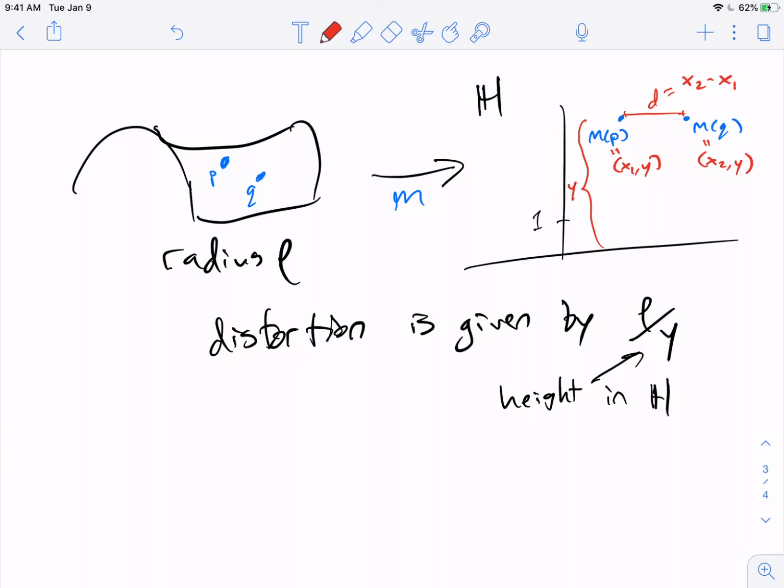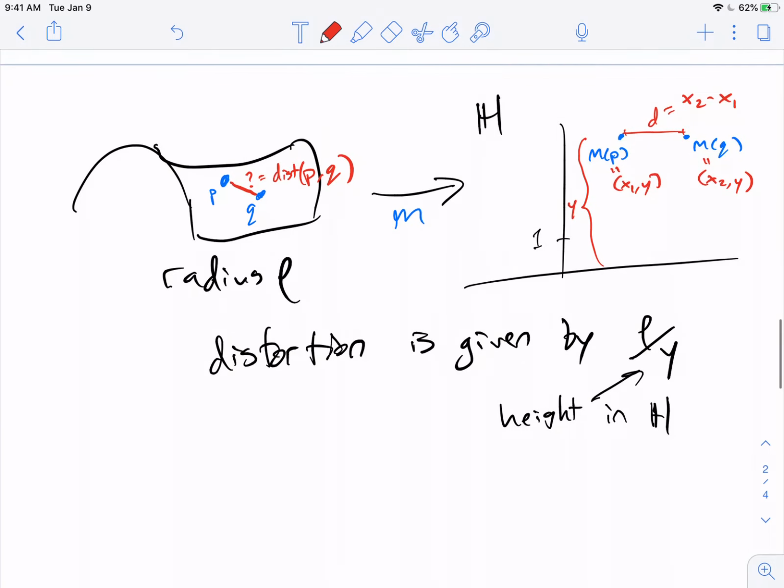Now, if I want to know the actual distance between these 2 points in the hyperbolic sense, let me give this a name: the distance between P and Q. Then I can calculate it by calculating the distance on this map and taking into account this distortion factor.